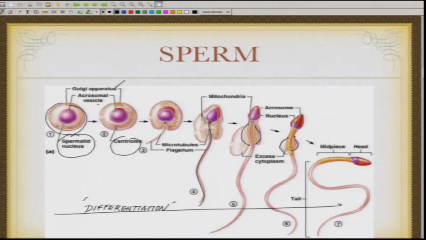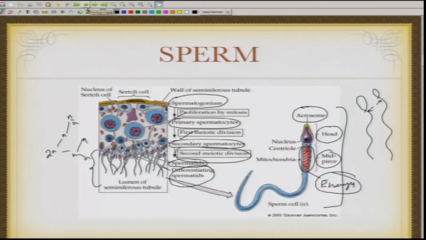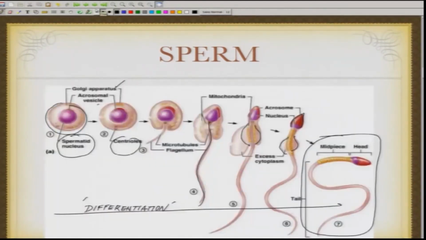It merges like this, and this is how the sperm looks at the end, forming a tip-like structure, which is the acrosomal part, which is going back. So this is the acrosomal part, and this is the whole sperm formation cycle.